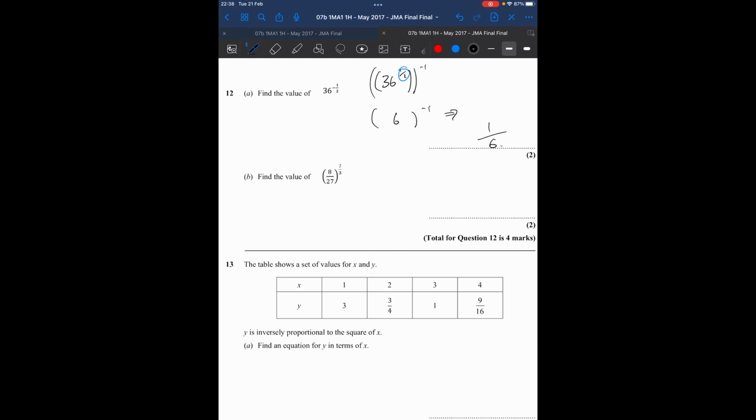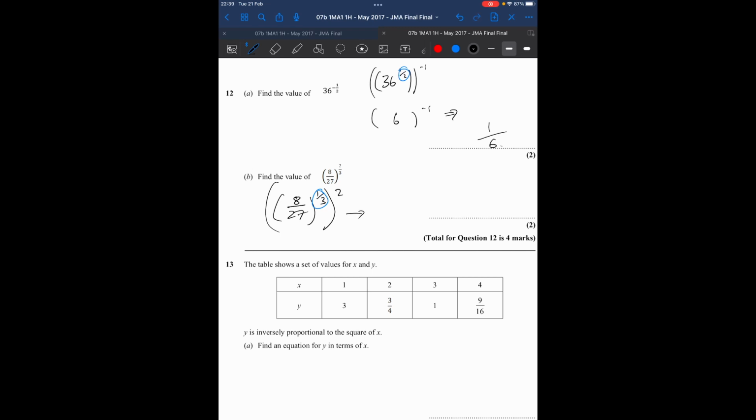Let's do this one. Similar sort of idea. I'm going to do one part and then the other. I'm going to do 8 over 27 to the power of a third, and then I'm going to square the result. The power of a third means that I'm going to do the cube root. So what's the cube root of 8? What number do you multiply by itself, it appears 3 times, to get 8?